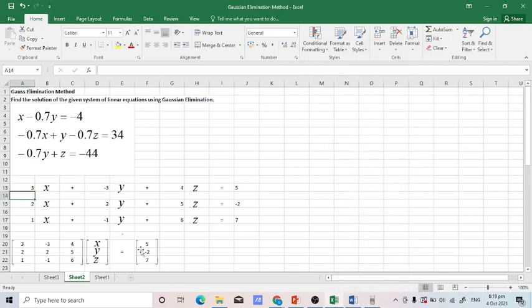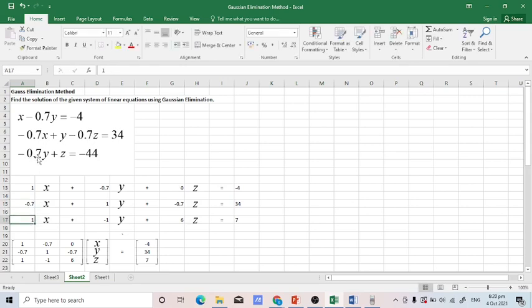Right? So, in this case, ibalik na natin sa original. 1, negative 0.7. Then 34. Negative 0.7. 1y, negative 0.7.